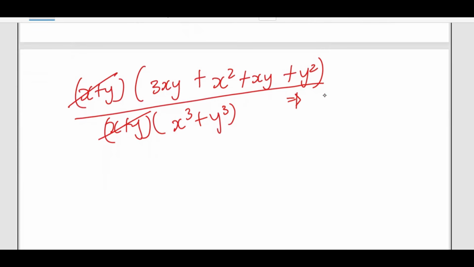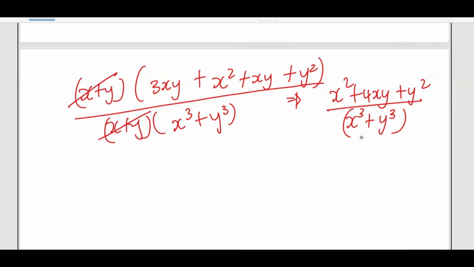And then I'll only be left with x squared plus 4xy plus y squared over x cubed plus y cubed. I think that is all that I'm getting. Yeah, so I'll stop at that.